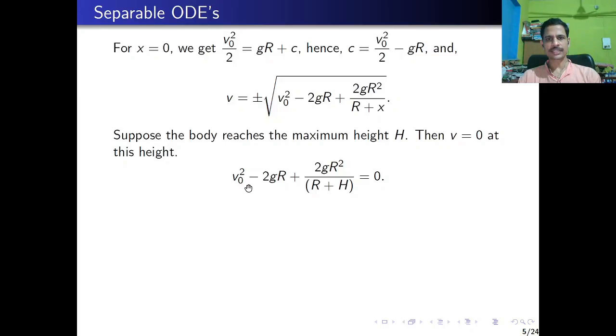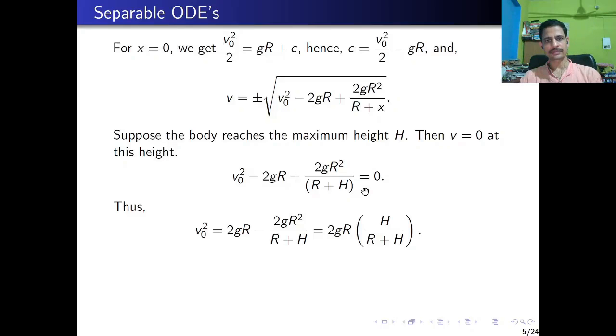The inside expression is written here, and we have replaced the small x by capital H, because we are interested in having the expression when the projectile reaches the maximum height. So this will be the expression. Thus we simplify, keep v0 on one side and the rest of the quantity on the other side. This is how the expression is, and then we can further simplify it to this particular expression. So finally v0 square is equal to 2gr times h by r plus h.